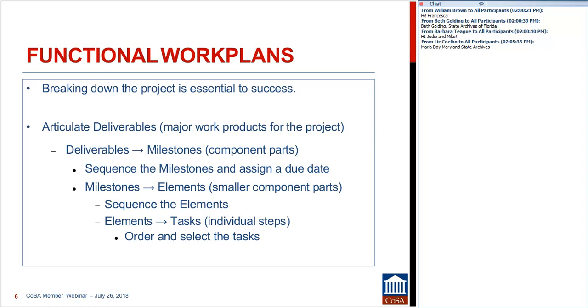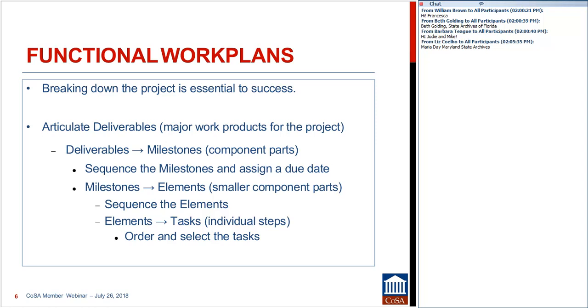You can see we're working down in a pyramid here as we go from milestones to what I, for lack of a better term, call elements of the work. These are the major components and features of a particular milestone. As we move through the process, you can see we're becoming more and more specific.